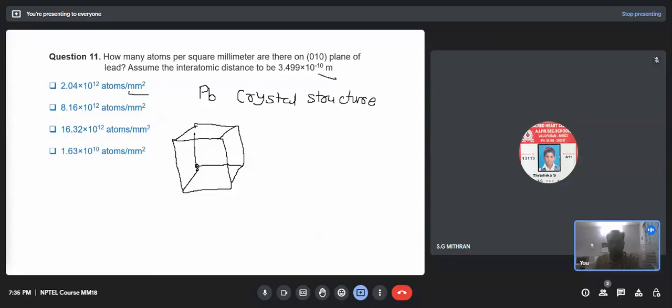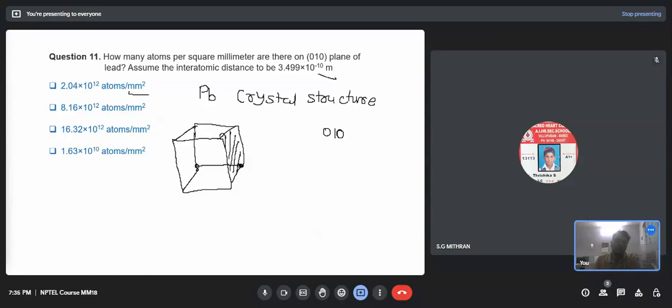Then after that, here we have to assign the plane first. For that, we are given Miller indices 0, 1, 0. So the plane will be at x-axis 0, at y-axis 1, and at z-axis again 0. So the plane will be this plane. Okay.